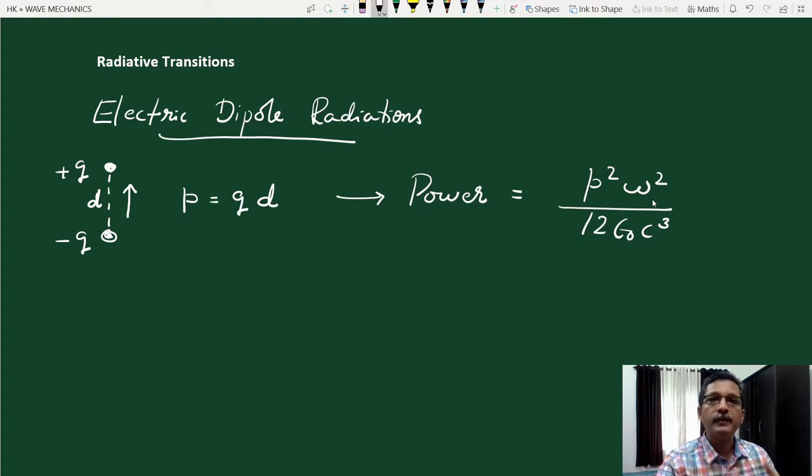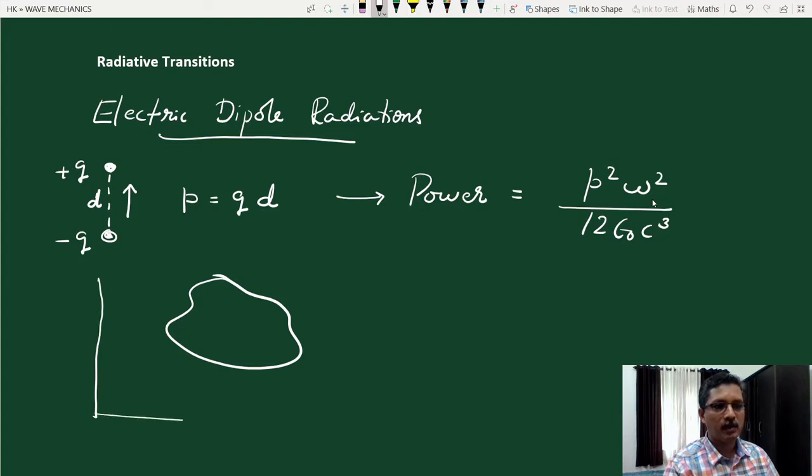Then how do you define the electric dipole moment of a charge distribution? Suppose we have a charge distribution like this. Let us consider an origin, a coordinate system. This is the origin. Then we divide this charge distribution into small volume elements, each with volume dV.